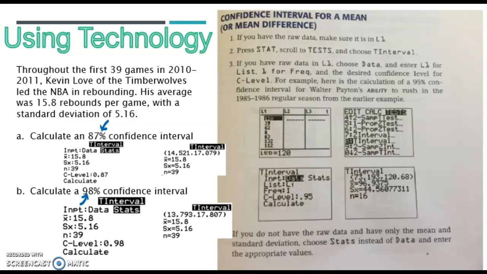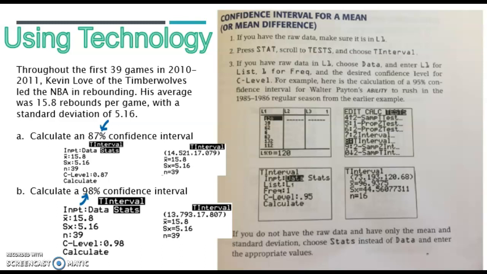And what's cool about this is you can do this from two different perspectives. Once you get to that T interval option, you got these two options right here. You got data, you got stats. If you're going for data, that means you can actually plug in raw data, which I did just today with some test scores.